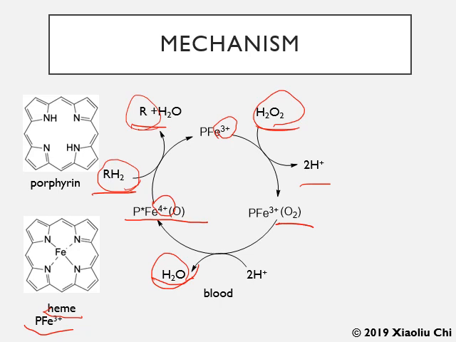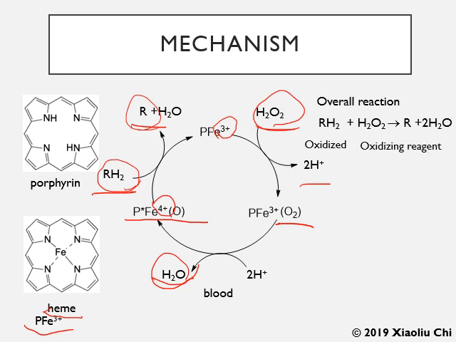What happens to the porphyrin iron complex? It starts with iron 3+, which combines with peroxide and then forms an iron 4+ radical, which goes back to its initial iron 3+.